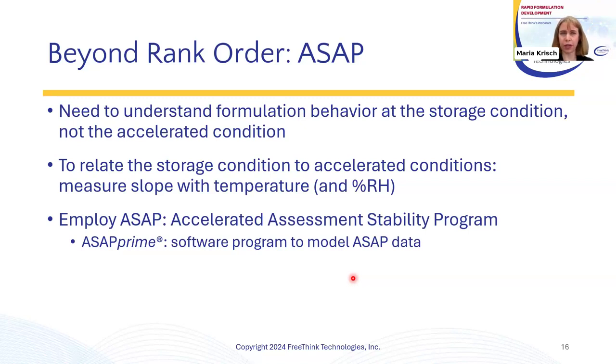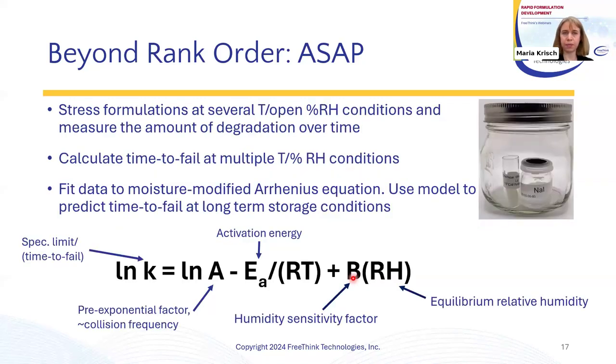So what does this look like? In order to perform a study to tease out these slopes, we stress formulations, a drug product, or a drug substance at several temperature and RH conditions. The key idea is to measure the amount of degradation over time at each of these conditions. So we are interested in two variables, temperature and relative humidity, and we want to make a model in those two variables.